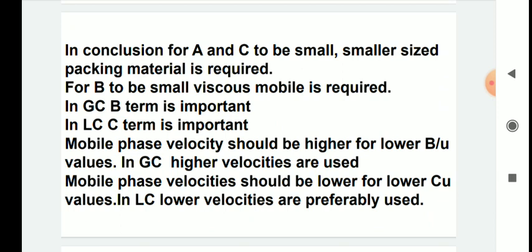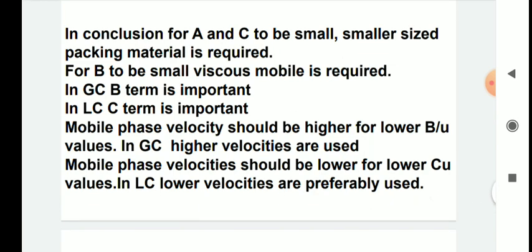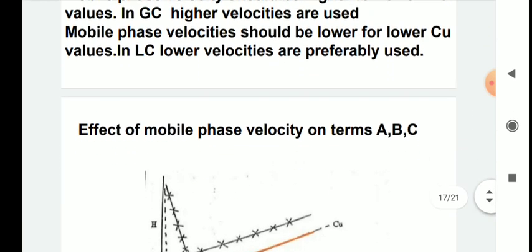Mobile phase velocities should be higher for lower B by U values, and in GC higher velocities are used because the B term is very high there. Mobile phase velocities should be lower for lower CU values, because the CU term will be lower if U is small and C also is small. In LC, lower velocities are preferred.